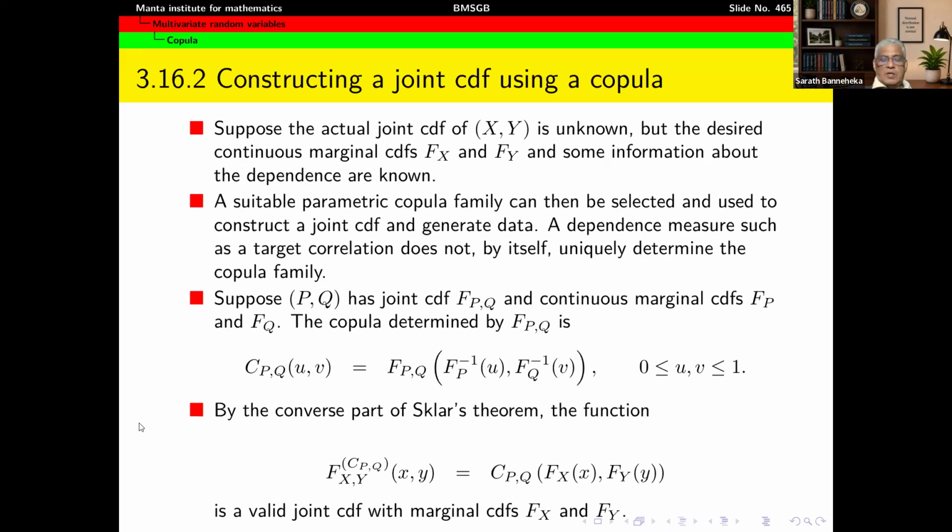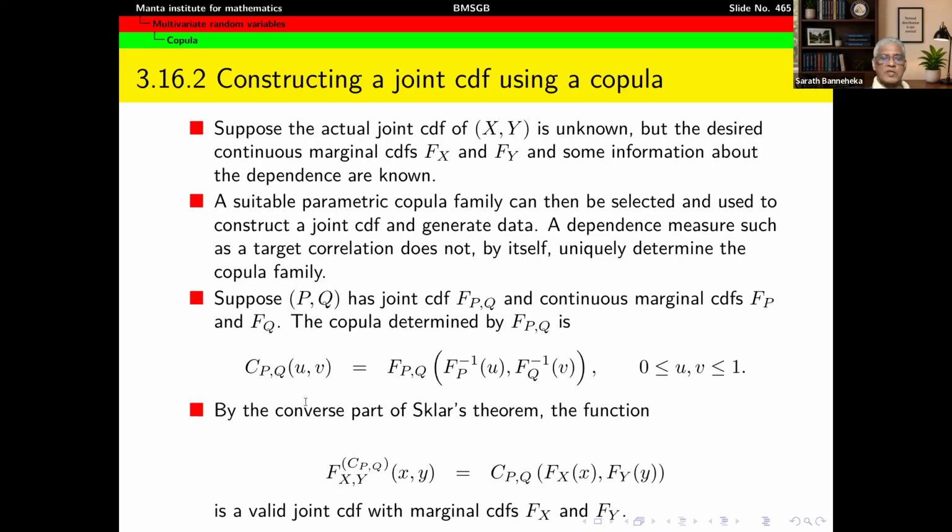But what we are going to show is that this expression is actually a CDF. That is one thing we are going to prove. And also we are going to prove that the marginal CDFs coming from this joint CDF are individually Fx and Fy. So two important things, right?